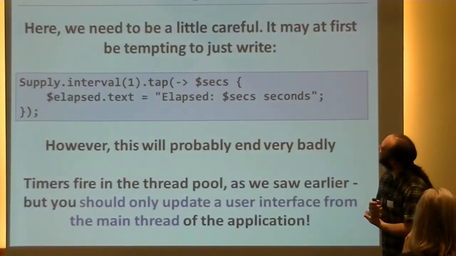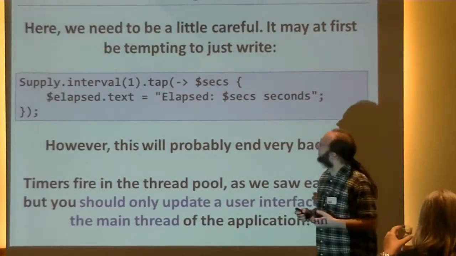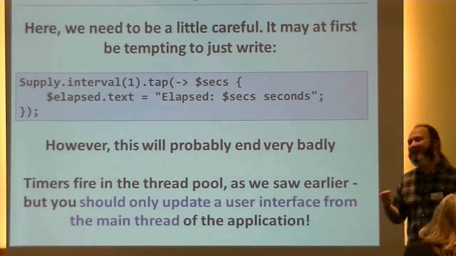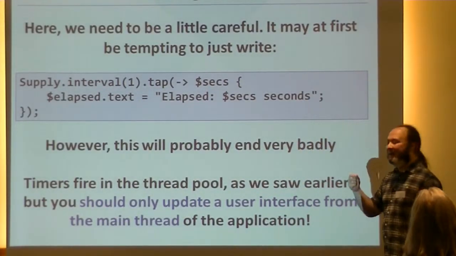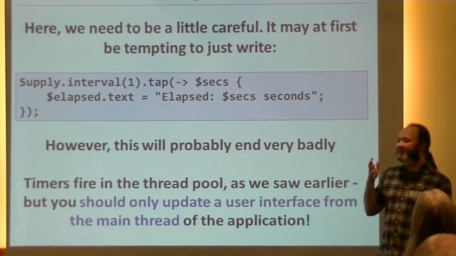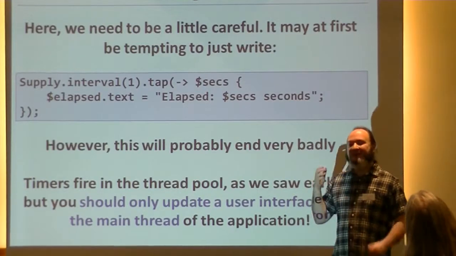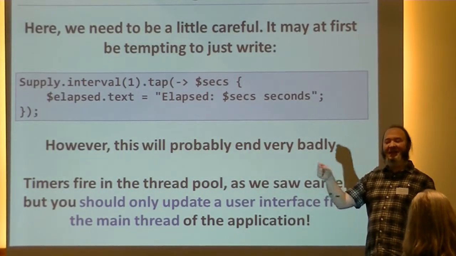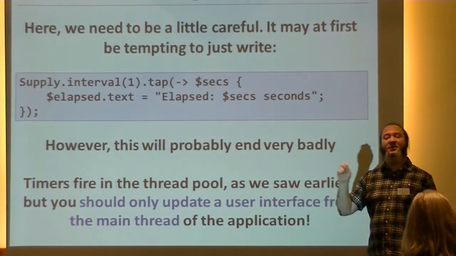Righty. Let's do the next bit. What I want to do is every second have a tick, and update that little elapsed text box on the UI. Now here we need to start being really, really careful because I told you earlier that interval is just sending these notifications off into the thread pool.